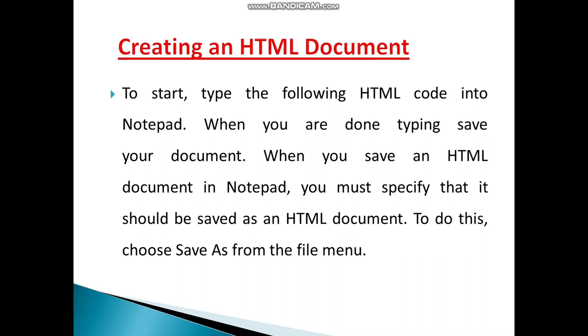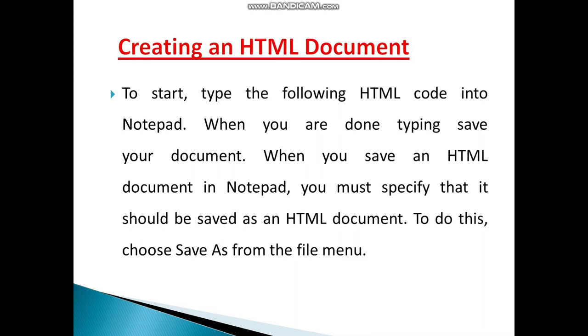You have to open a text editor like Notepad, open a new file, and then you can start typing HTML code. After typing you have to save. When you save you have to use the .htm or .html extension to save your file.